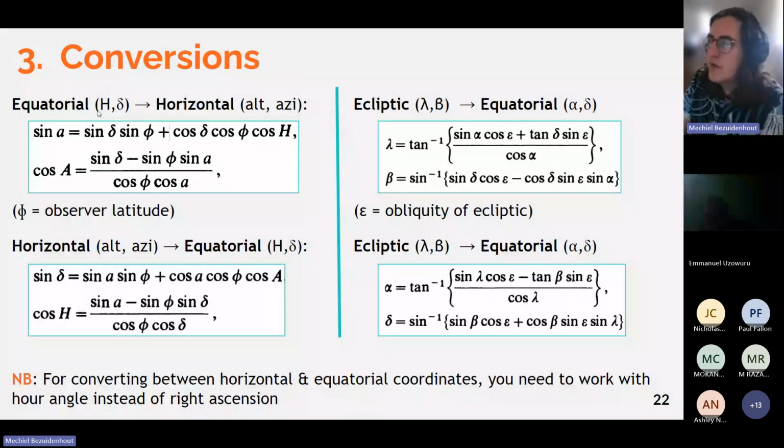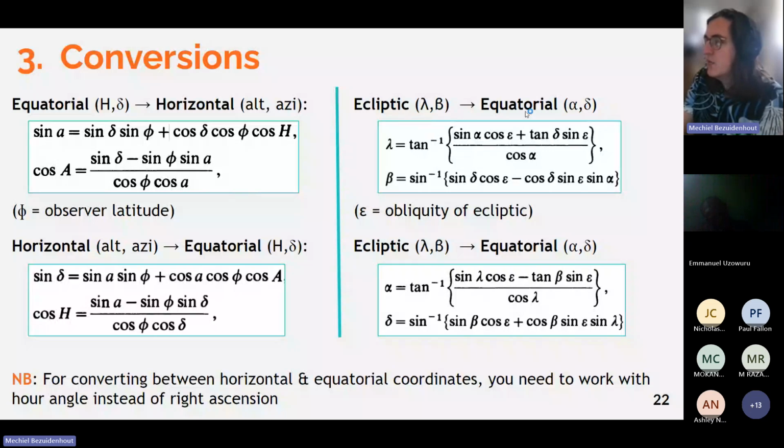But in the conversion, we have to use the hour angle because the horizontal coordinates are local coordinates. You have to use the local measurement for the longitude, which is the hour angle. And you also need to know the latitude of the observer, phi, in order to do this conversion between equatorial and horizontal coordinates.